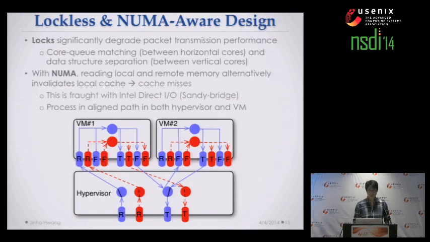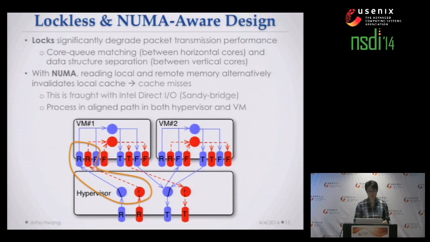Okay. Also, we avoided the locks and the NUMA inefficiencies. How we avoided locks is shown in this graph. We actually match the core and the queue, so each core uses different queues. One core handles only one queue, as you can see from the figure. So the different cores push the packets into different queues.